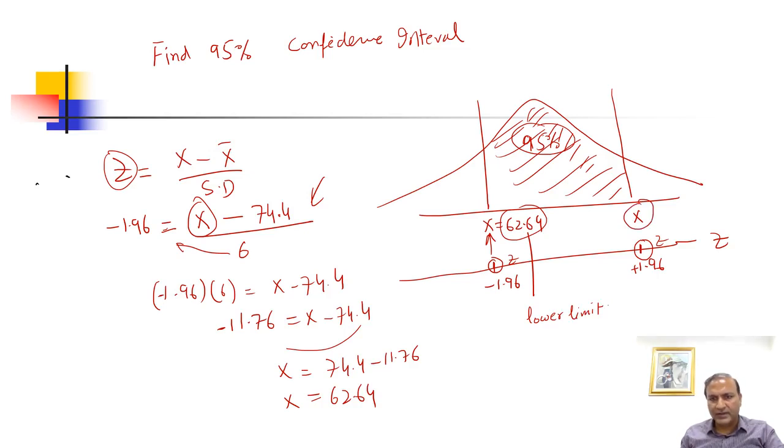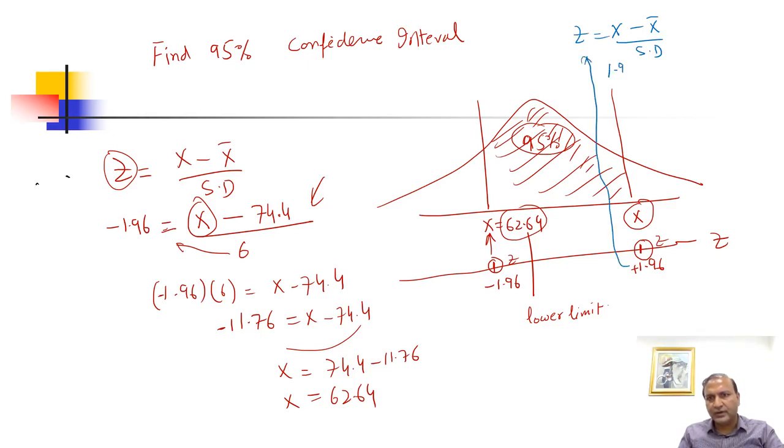So how do I find this x? Again I have to write the formula for z. Z is equal to x minus x bar over standard deviation. And now what is my z value? This is my z value now because I want to find this.